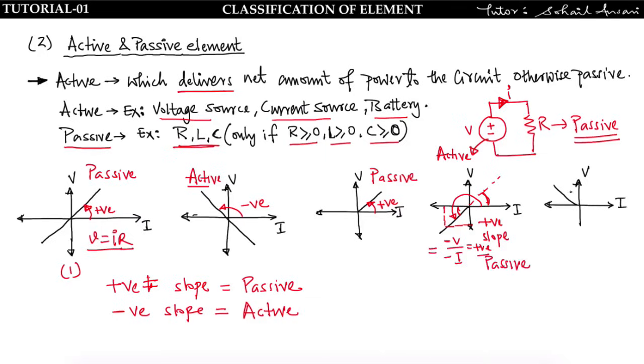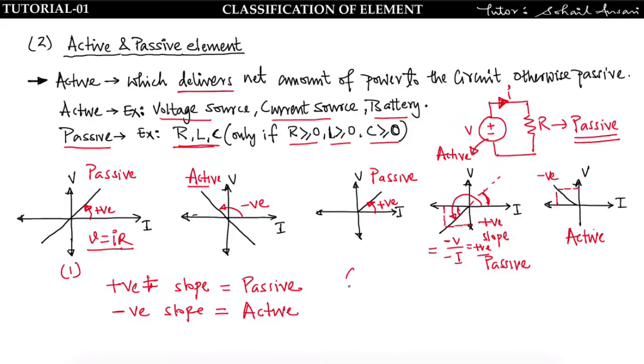Now see this. V is positive here and I is negative, so V upon I will give you a slope, right? So overall slope is negative, which means this is an active element.